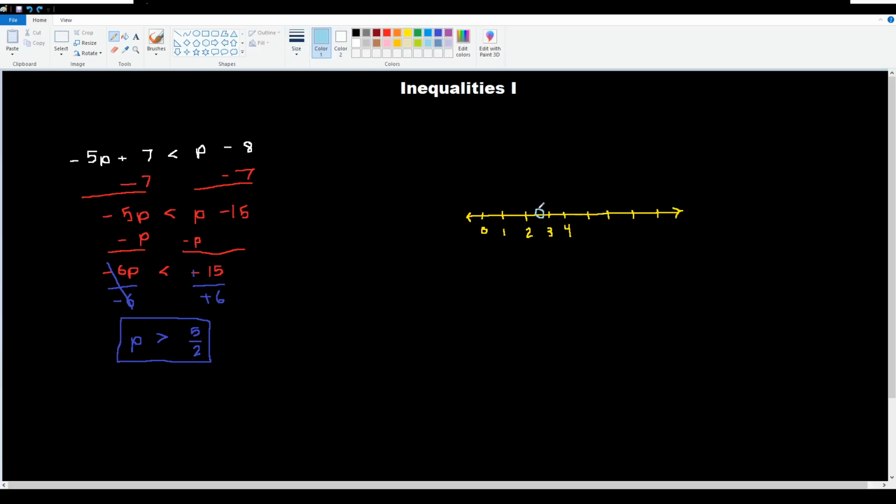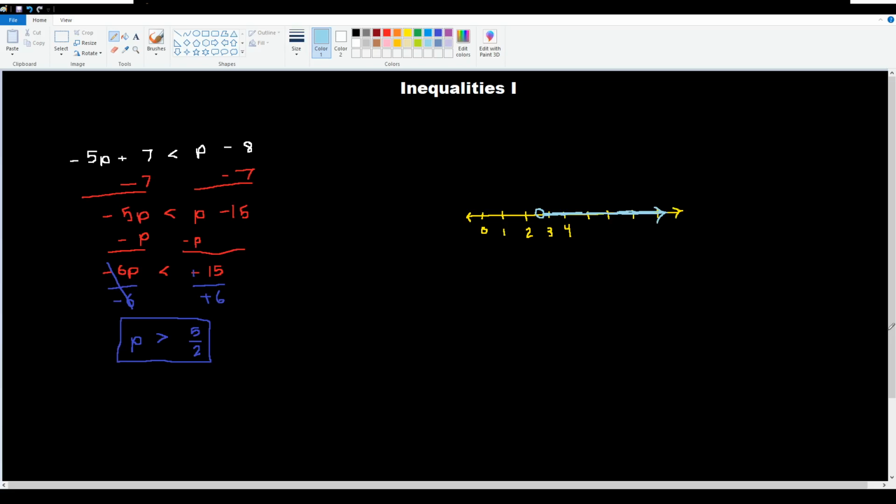Okay. So no closed circle, just an open dot. And basically you just color the rest of the solutions in, or not all of them, but you just keep going and then you draw an arrow to show that it's just gonna constantly keep going, and that the range of solutions is anything greater than 5/2.